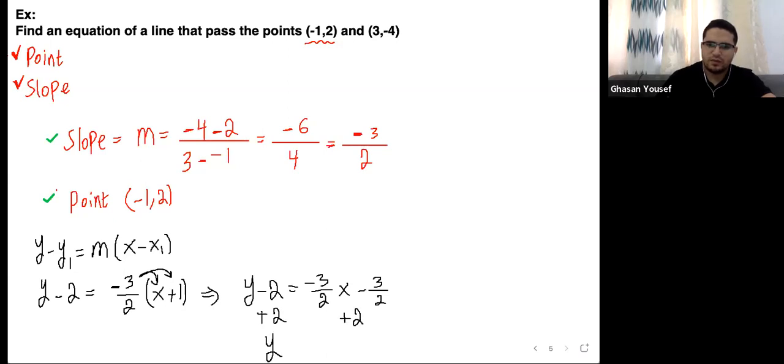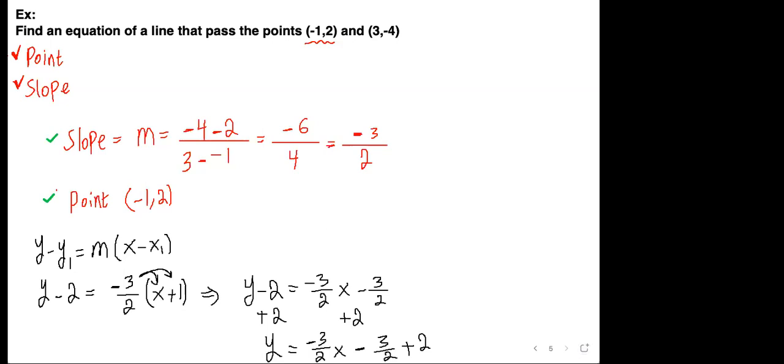I get y equals minus 3 over 2 x minus 3 over 2 plus 2. You can simplify this, minus 3 over 2 plus 2, by making the denominators equal. So actually the 2 is 2 over what? Okay, so I'm going to rewrite it here.